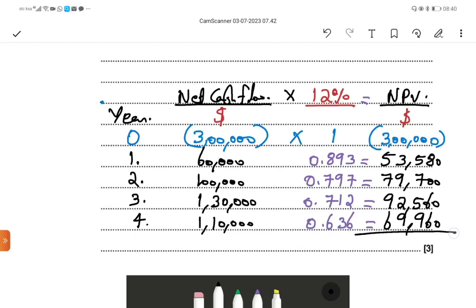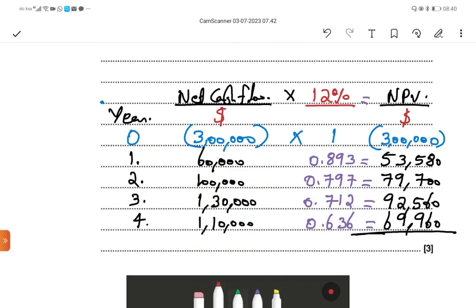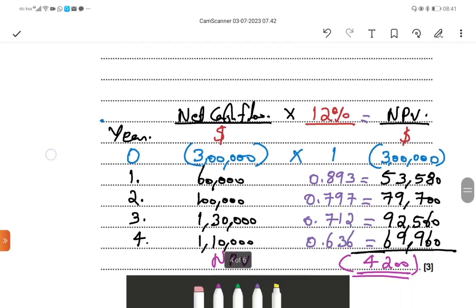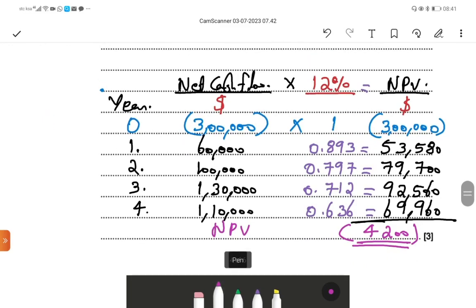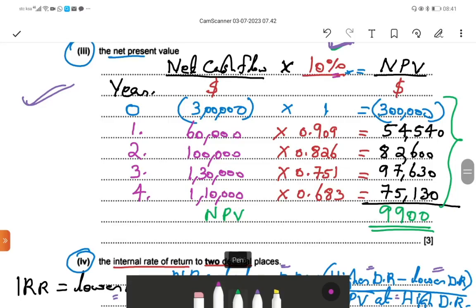Then the total we are getting is a negative value, 4,200. We got the negative value as the net present value at 12%. So we have calculated the net present value at 12%, and we have the net present value at 10%.